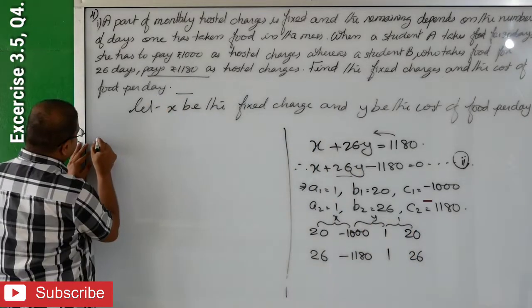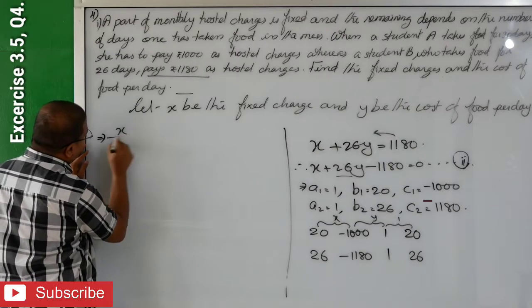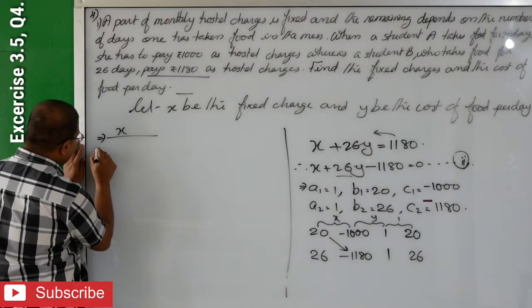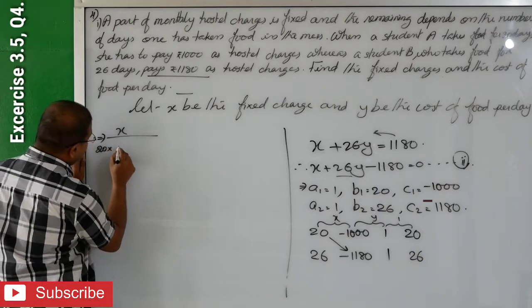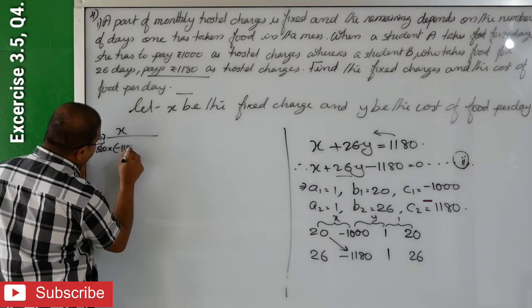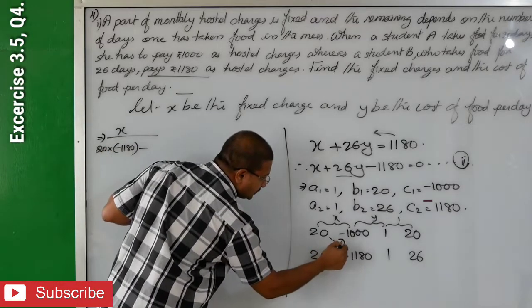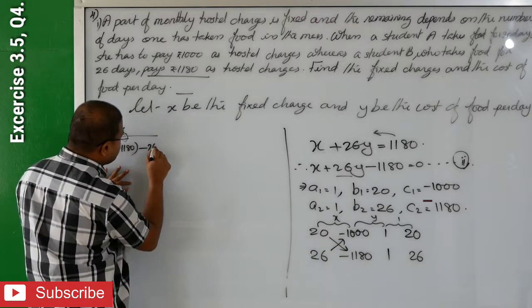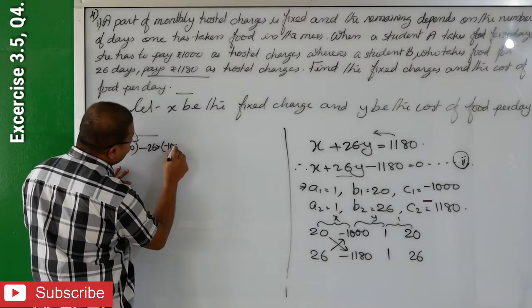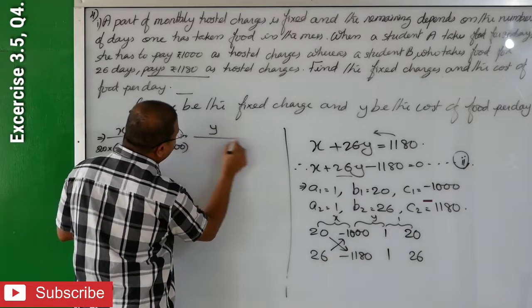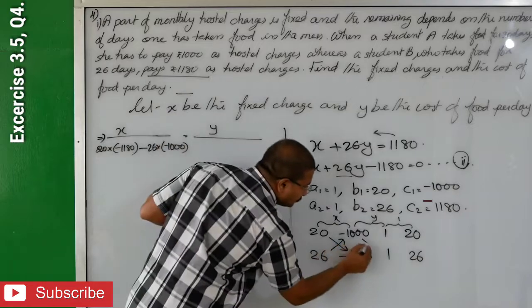Ready? That means this implies X divided by these two will multiply. That means 20 into minus 1180 minus these two, what is that? 26 into minus 1000 equals Y divided by these two.